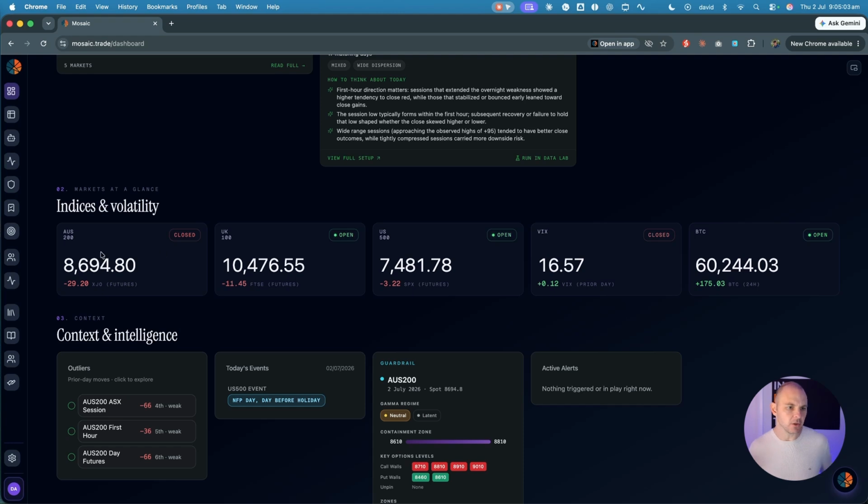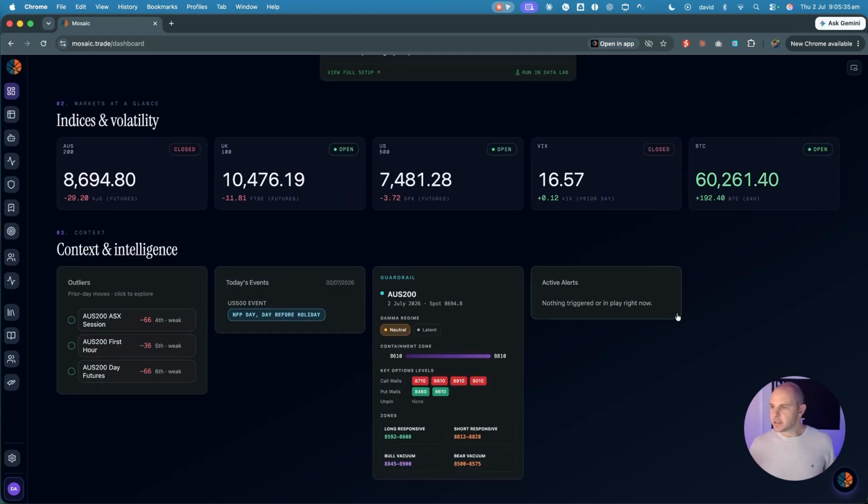So it's telling you that currently, the overnight close on the Aussie 200 closed down 30 points compared to where the ASX, or the XJO, closed yesterday. Similar to the UK, it's down 11 compared to where the FTSE closed, and the S&P futures are down about 4 points as to where the S&P closed. So just a quick snapshot of where global risk is currently positioned.